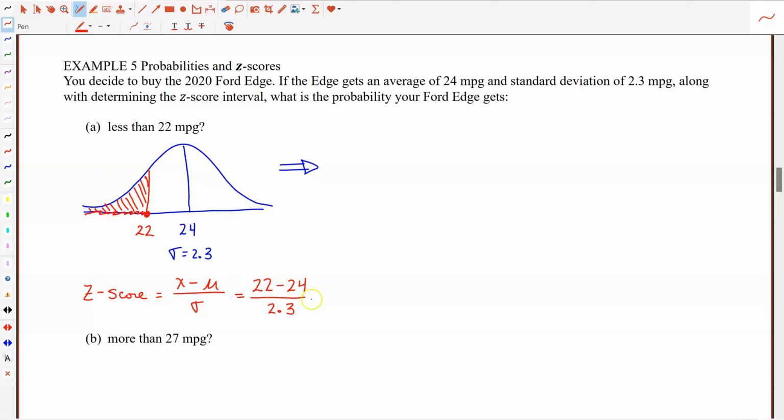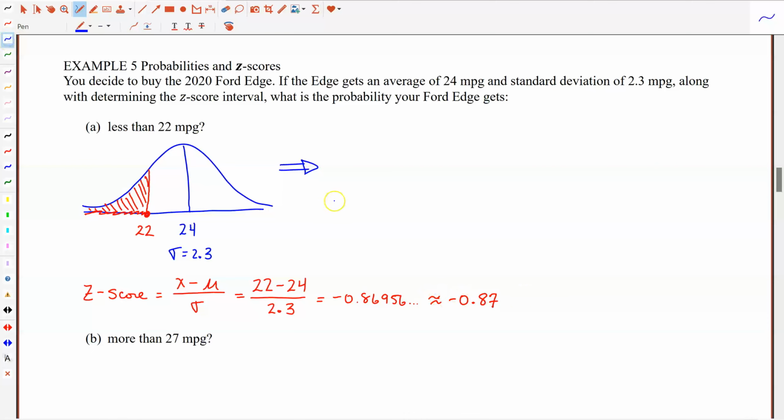If you pop that into your calculator, you get negative 0.86956, and there's some more digits after that. When we work with z-scores, we would typically work with them to 2 decimal places, because that's what we need in order to find it in the table. So if I take it out to 2 decimal places, this is approximately equal to negative 0.87. That's going to be my z-score.